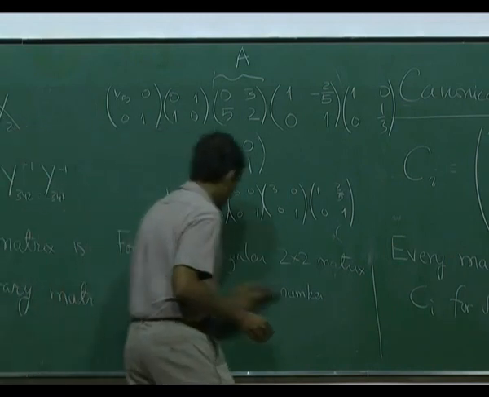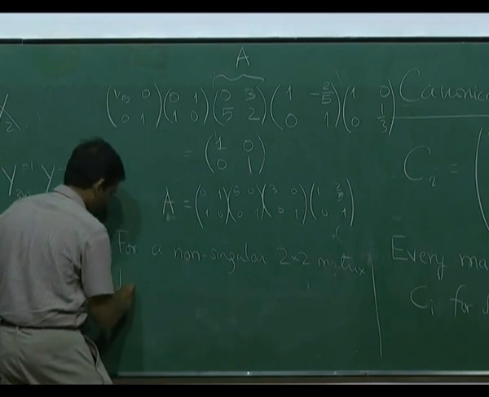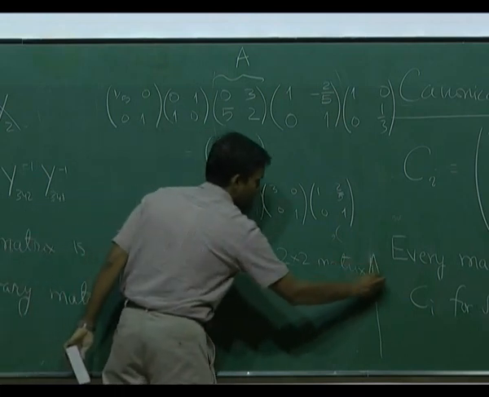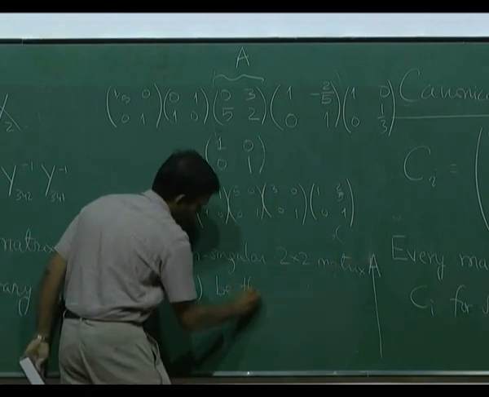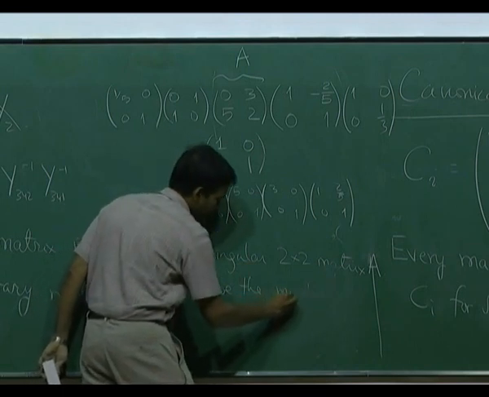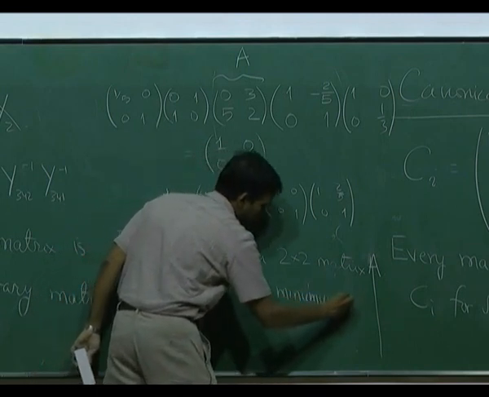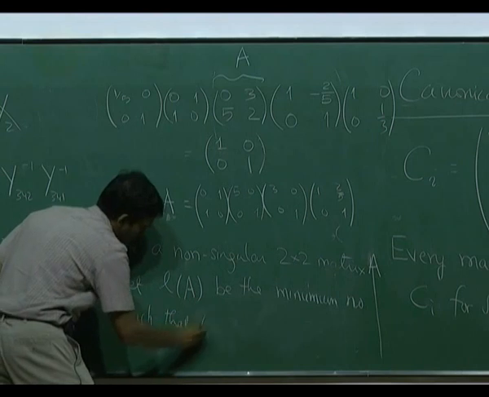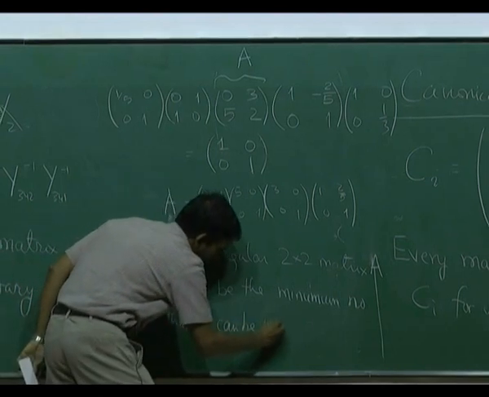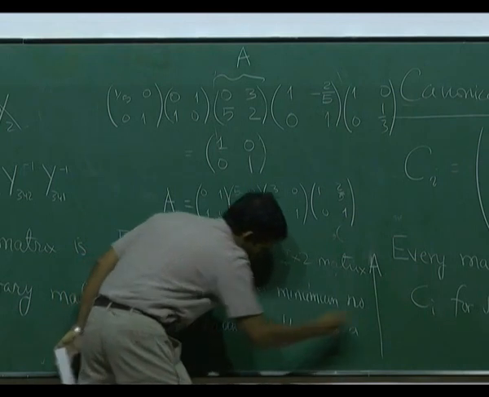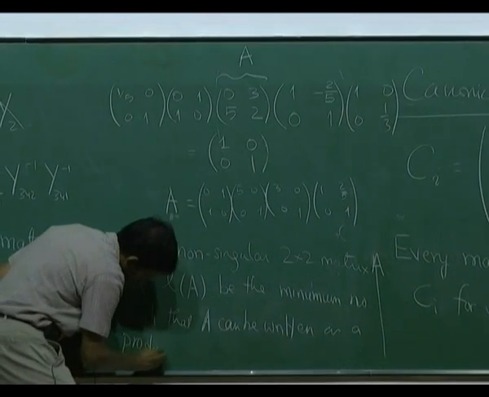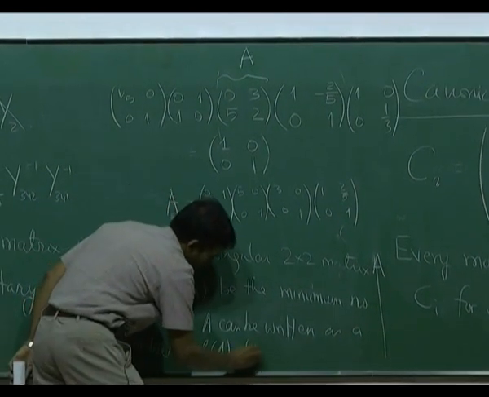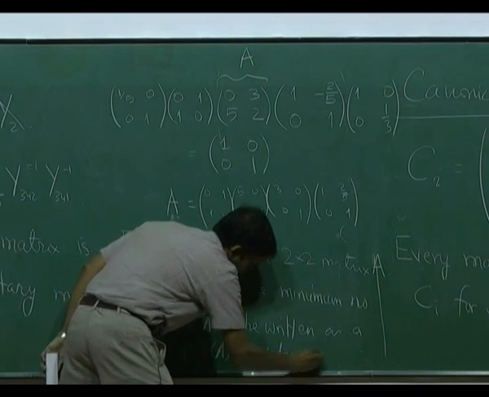Now let me define it more carefully. Let L of A be the minimum number such that A can be written as a product of L of A elementary matrices.